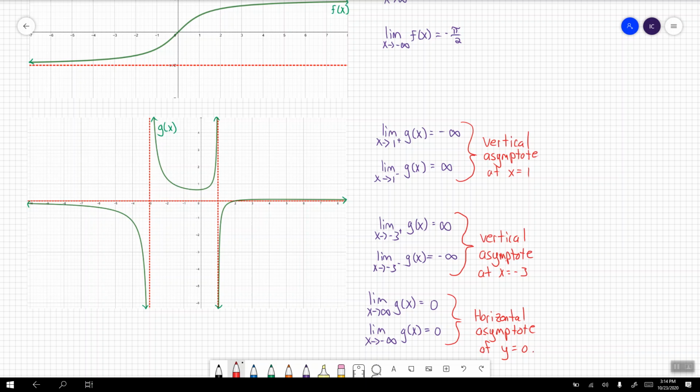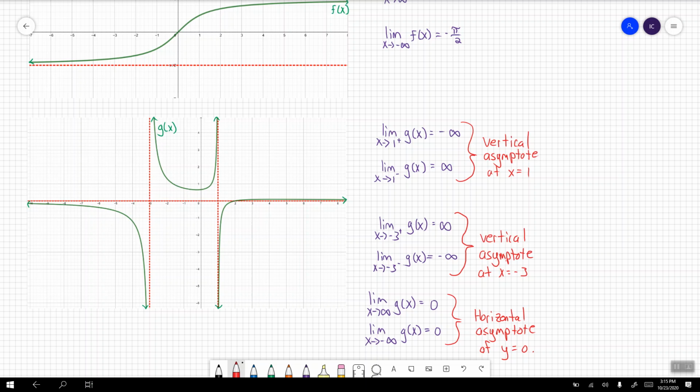Now, you're also going to see on the graph that your graph g of x does in fact cross the horizontal asymptote. So your function can definitely cross horizontal asymptotes. However, your function cannot cross vertical asymptotes. And that is going to be something that we have to carry over and that we have to work with as we proceed through the course.